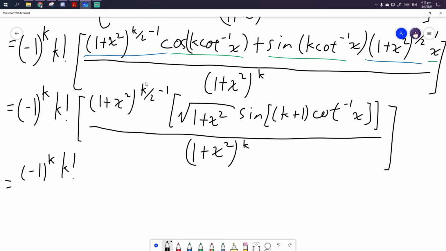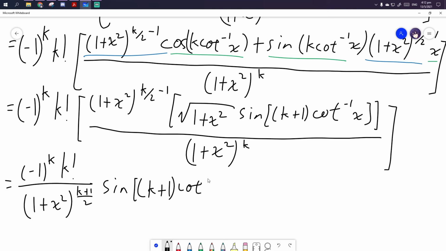So this is going to be k over 2 minus a half, and then we minus 1, so this whole thing becomes minus (k over 2 minus a half), which means that it goes in the denominator, and it will become (1 plus x squared), the negative will be gone, to the power of (k plus 1) over 2, and this multiplies by sine of (k plus 1) cotangent inverse of x.